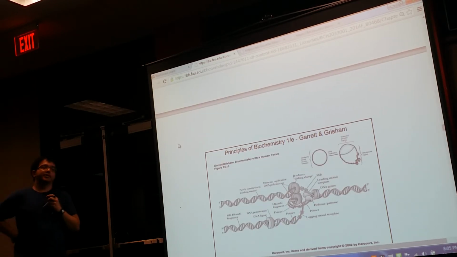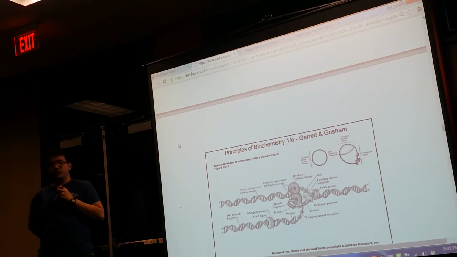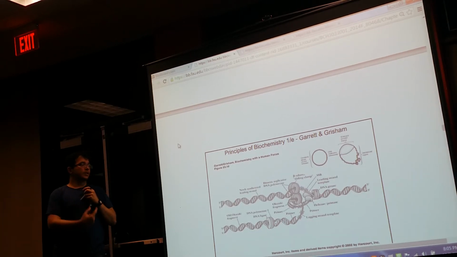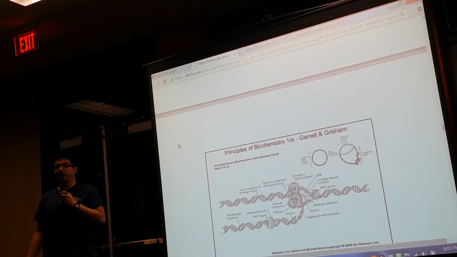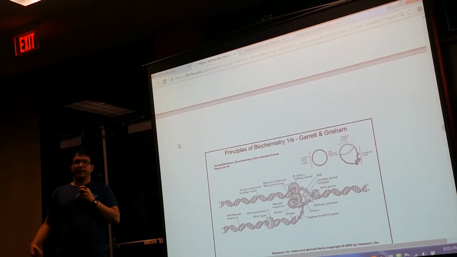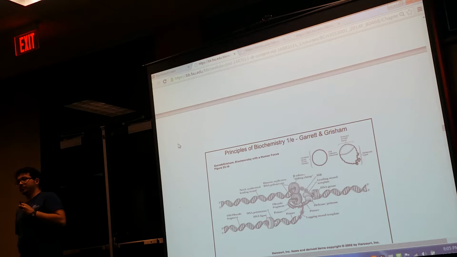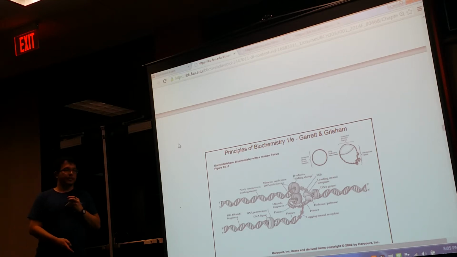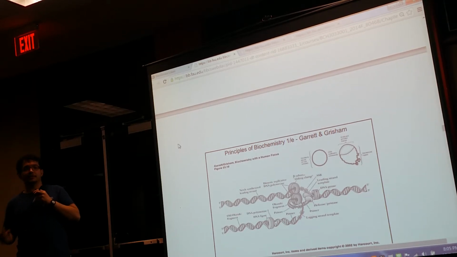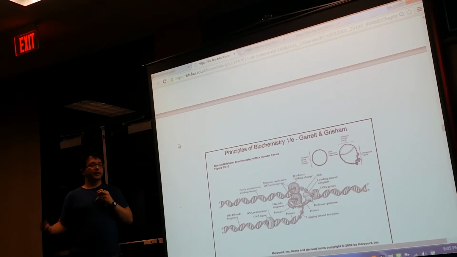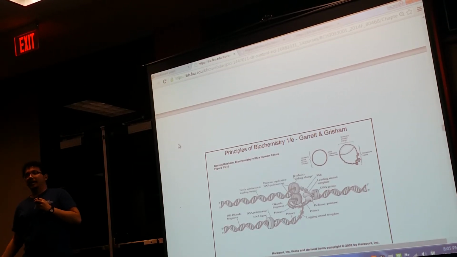Other enzymes involved in DNA replication, besides the ones that actually generate the DNA, what opens the DNA? Helicase opens the DNA. What does SSB stand for? Single-stranded binding proteins. That's also important. It prevents the single-stranded DNA from rewinding into double-stranded DNA. The beta clamp.